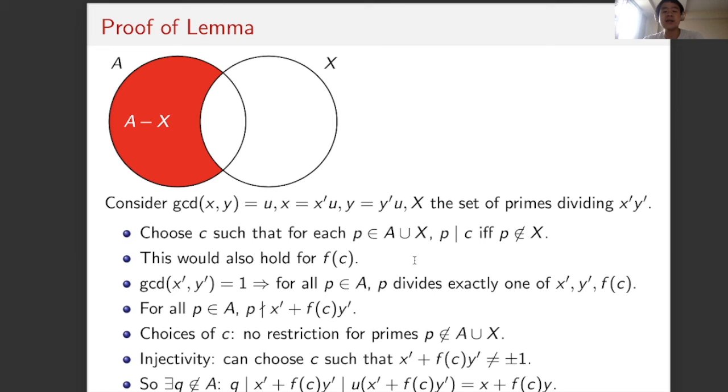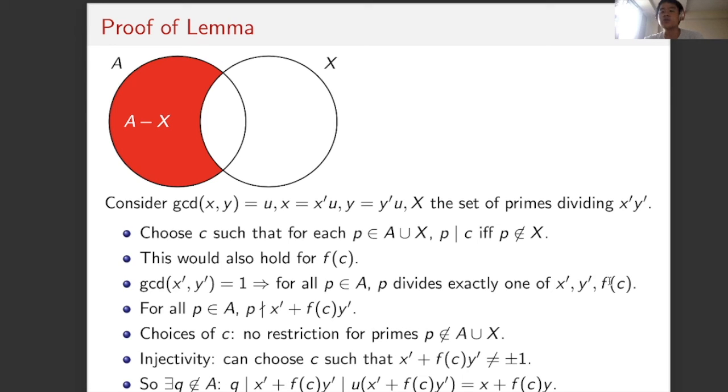So since C and f(C) must have the same set of prime divisors, this fact would also hold for f(C). And the fact that the GCD of x prime and y prime is 1, meaning that they cannot share the same prime divisor, shows that for each prime p in A, p divides exactly one of these three numbers: x prime, y prime, and f(C).